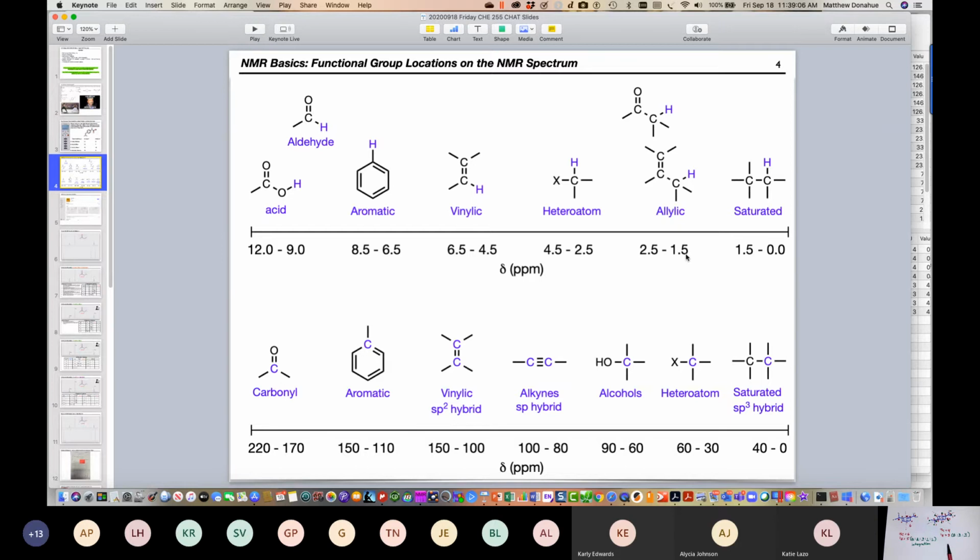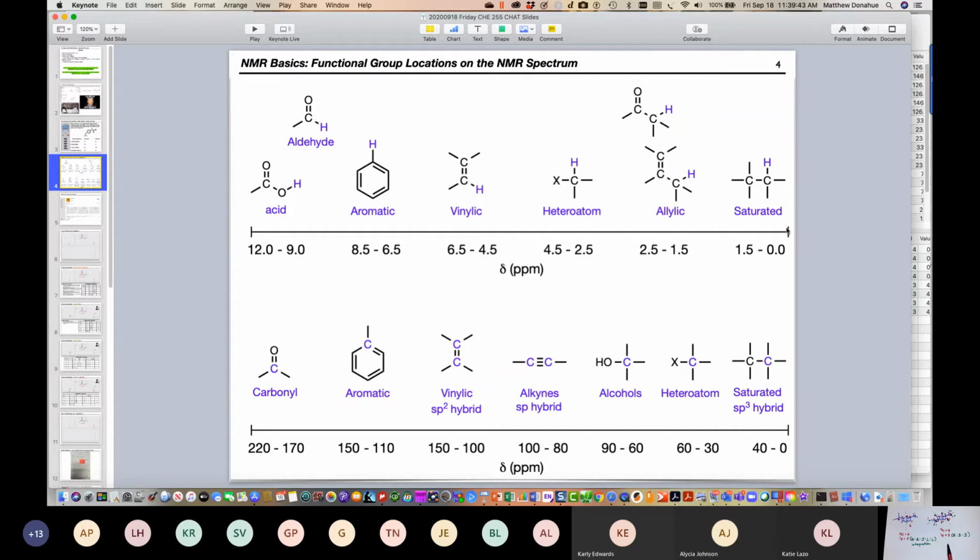The next region, 1.5 to 2.5, these are also sp3 hybridized carbon bearing hydrogen. Again, in this top spectrum, we're looking at the proton specifically. That's what's highlighted in blue here. But these hydrogens are located on allylic carbons. Allylic is a term you'll need to know. An allylic carbon is one directly bonded to a double bond, whether it be an alkene or a carbonyl.